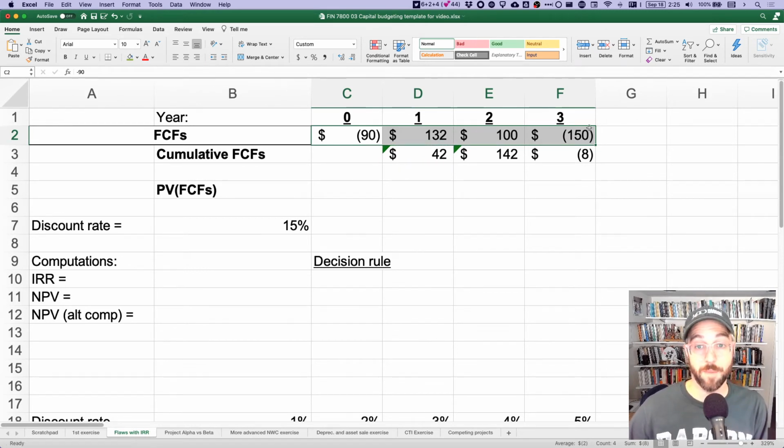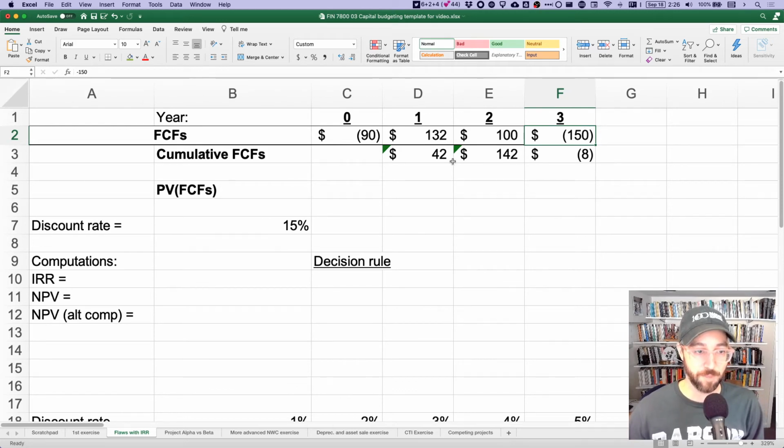On the other hand, a bunch of the negative cash flow comes at the end, and firms don't mind putting in money as much if that investment is made at the end.